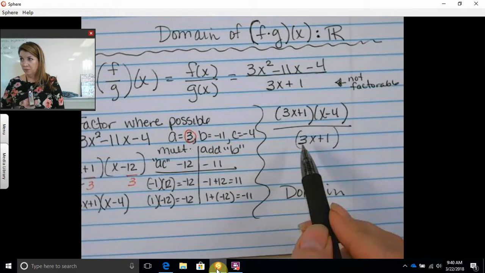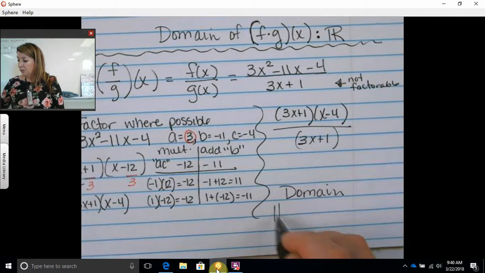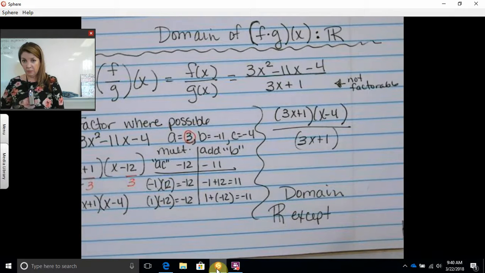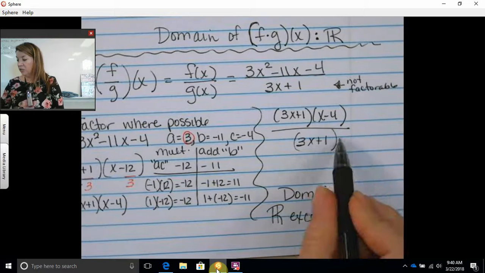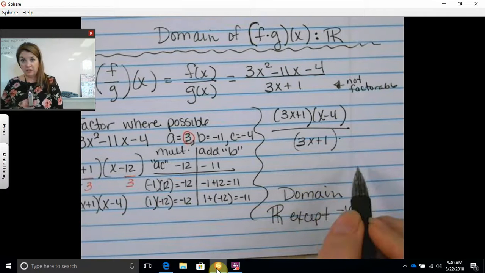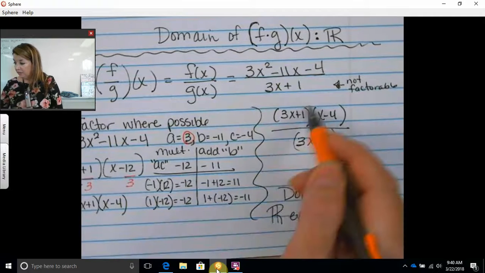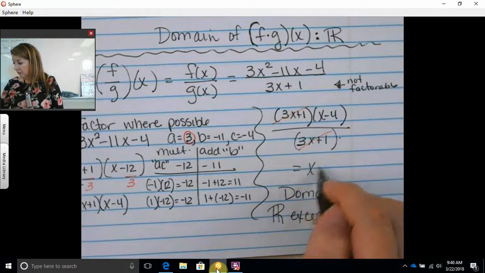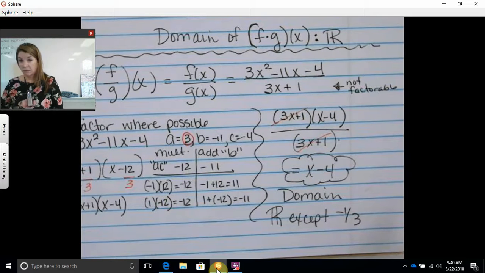Even though it's going to cancel, you have to consider it when you're considering your domain. So domain is going to be all real numbers except what? It won't be 1/3, it will be -1/3. If you set that equal to 0, you would subtract 1, divide by 3, and that gives you -1/3. But for my answer, you're going to cancel any like factors, and whatever is left is your answer.